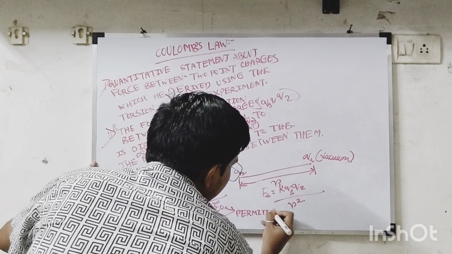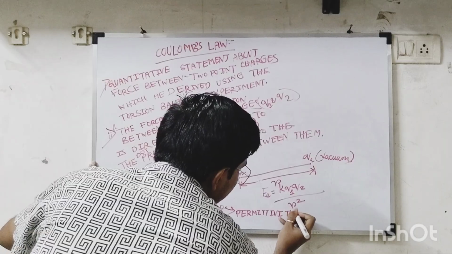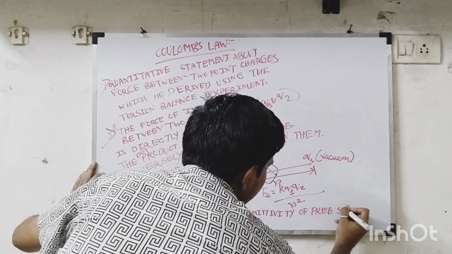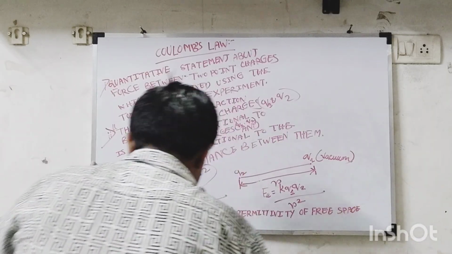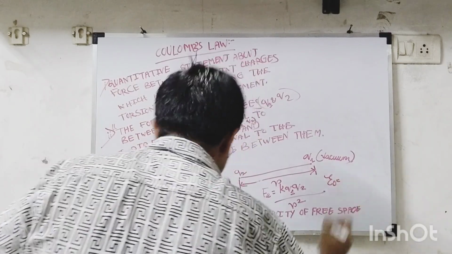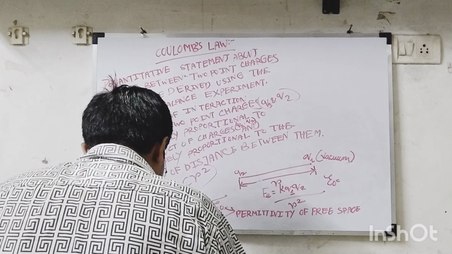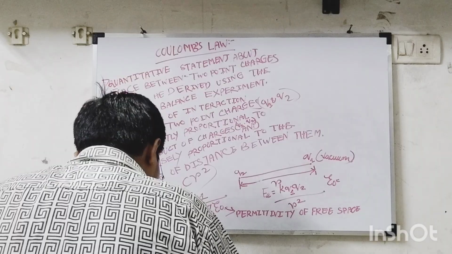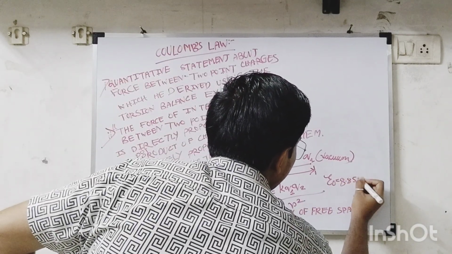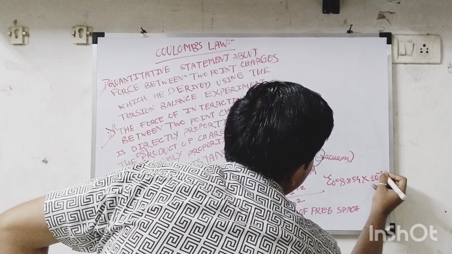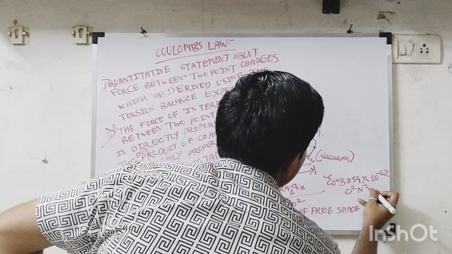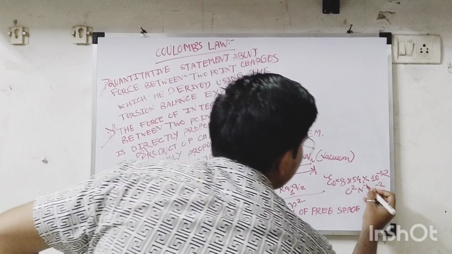What is the value of epsilon naught? 8.854 into 10 to the power minus 12 Coulomb square by Newton meter square, or Coulomb square Newton inverse meter square inverse, whatever.